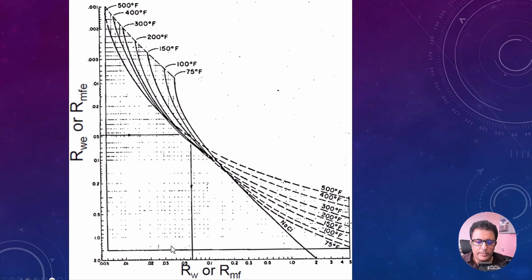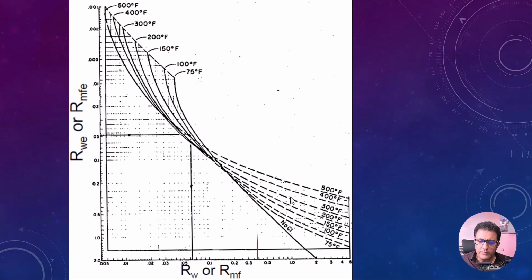And as you see, on the horizontal axis, we have the values of RW or RMF, and on the vertical axis, we can find the values of RWE or RMFE. And we have some contours that correspond to the formation temperature.